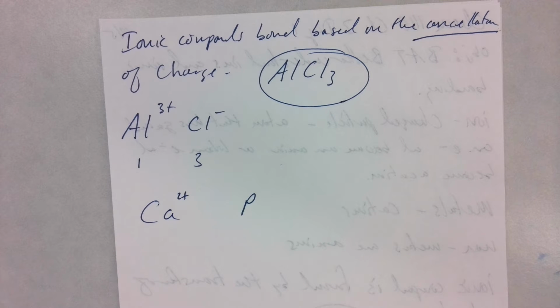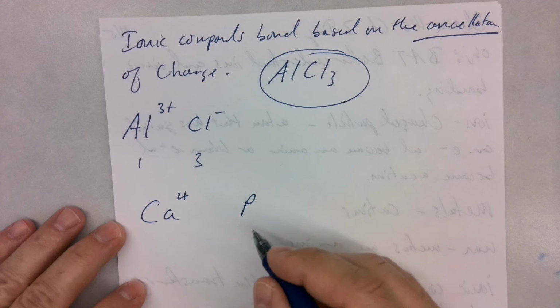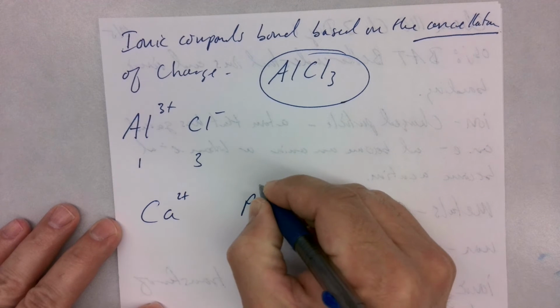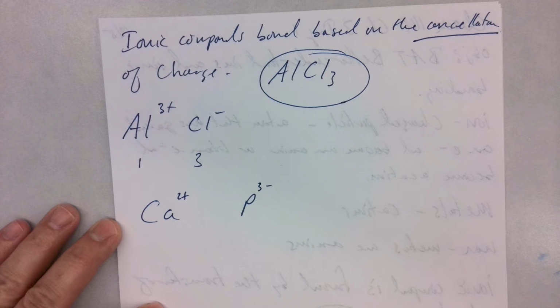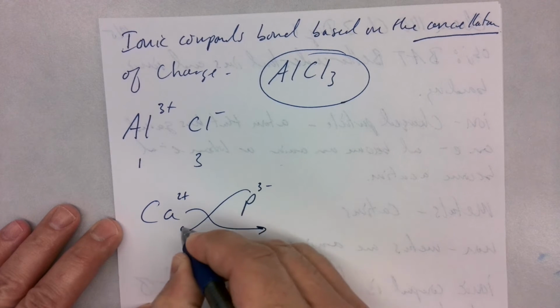Phosphorus has a valence of what? 5, right? Now, if it's got a valence of 5, it can do one of 2 things. It could gain 3 electrons, or it could lose 5 electrons. What's it probably more likely to do? Yeah, gain 3, right? So it's going to gain 3, and it's going to become P 3 negative. Based on the whole drop and swap here, what am I going to end up with?